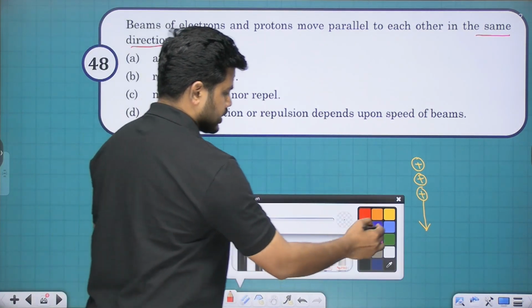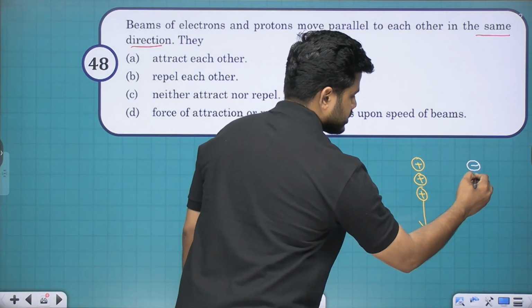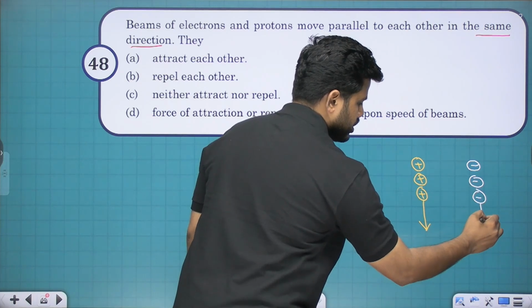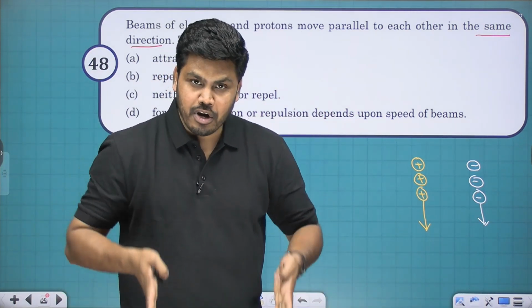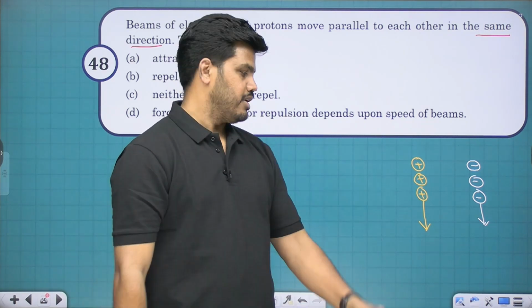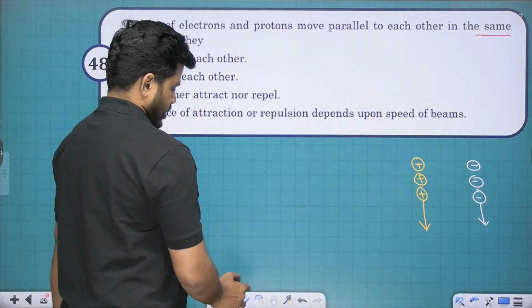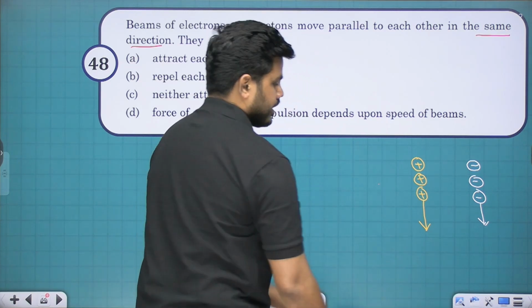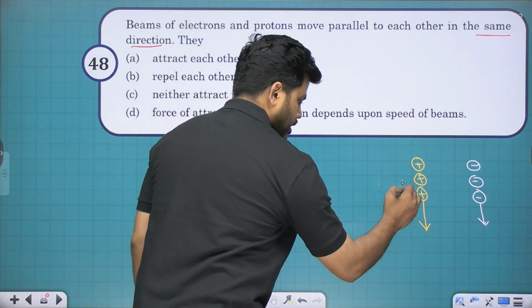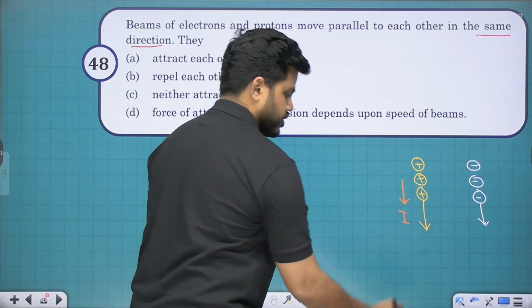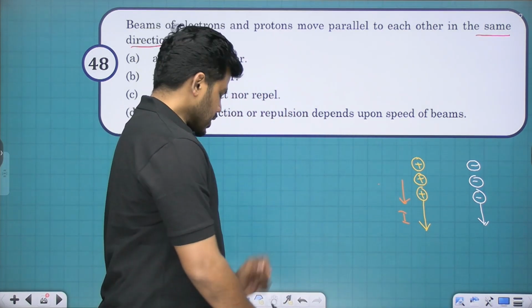So if you have a beam of electrons which are moving in the same direction parallel to this, these are the two parallel current carrying conductors. Flow of charges can be considered as current. See, the difference in this case is that if protons are moving in the downward direction, current also will be in the same direction, I. But what about electrons?